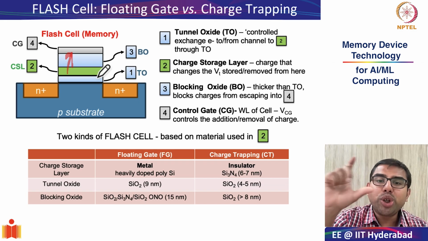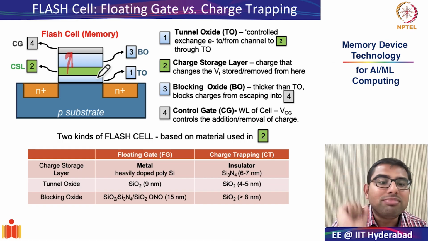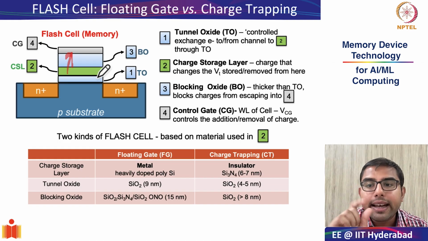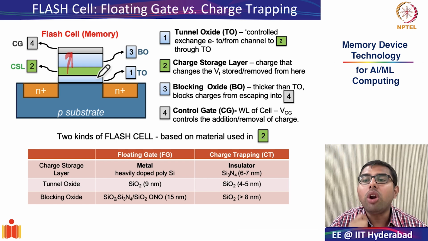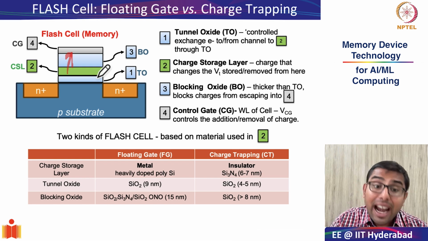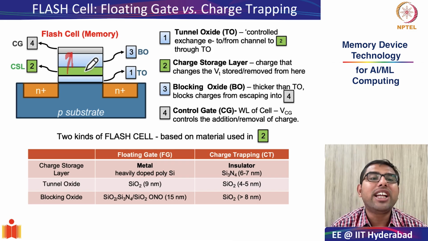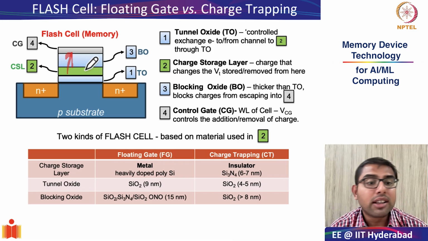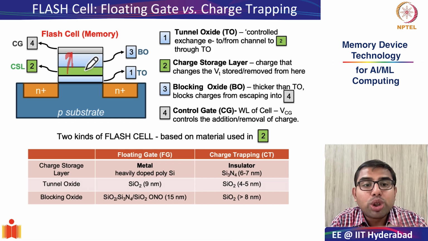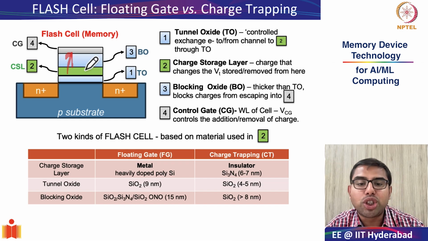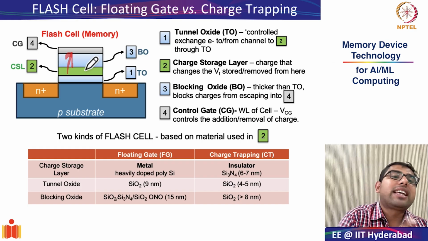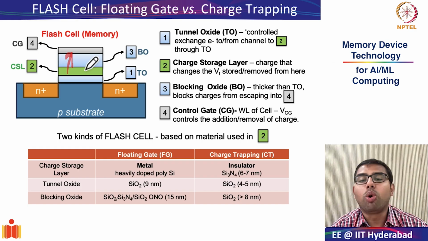So, because you are going to higher thicknesses to ensure blocking, the silicon nitride gave you a little bit higher gate control. And also, if there are any stray charges that somehow manage to leak out from the charge storage layer, the job of the silicon nitride layer in the blocking oxide was also to capture them and store them, so that it doesn't escape from the control gate.